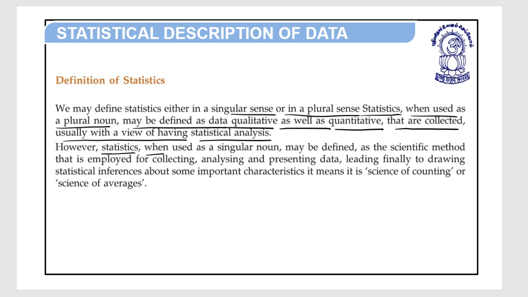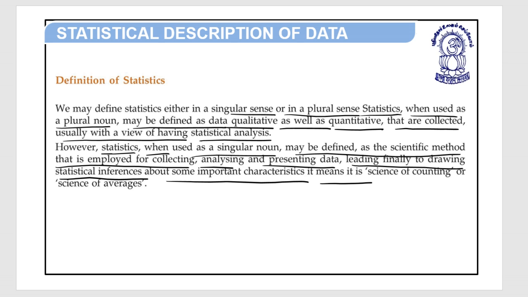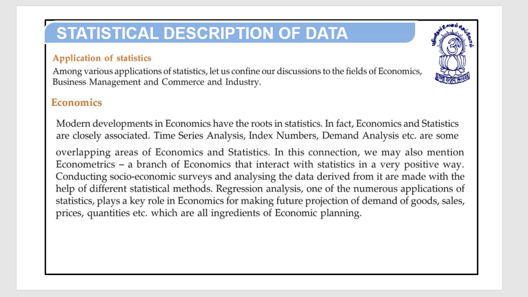However, statistics when used as a singular noun may be defined as a scientific method that is employed for collecting, analyzing and presenting data, leading finally to drawing statistical inferences about some important characteristics. It means it is the science of counting or the science of averages.